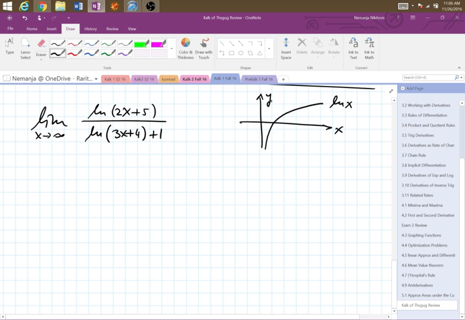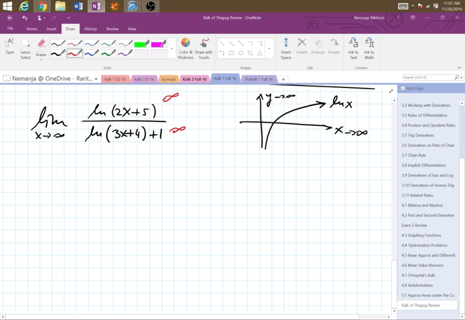Just to note that as x goes to infinity, y goes to infinity as well, because the graph is constantly increasing to the right. So we know that ln of infinity is infinity, in which case we know that this is infinity over infinity.